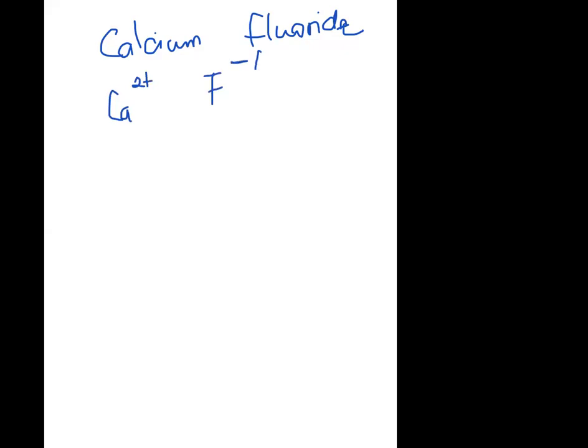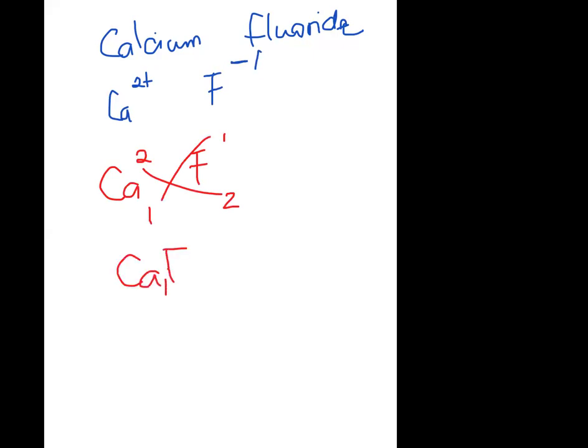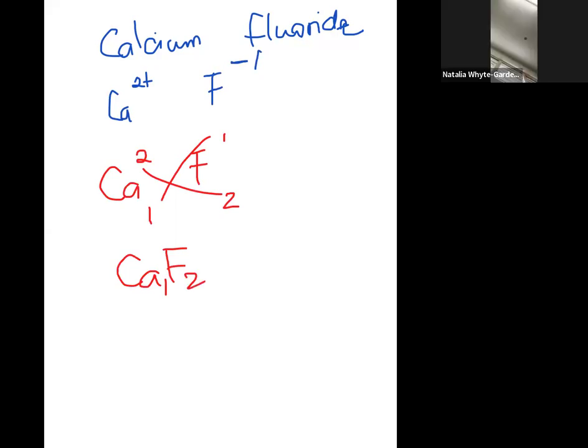Rewrite the symbols without the charge, just the valency, and then you swap the valency. So it's Ca1, F2, and we don't write 1, so the formula is CaF2.